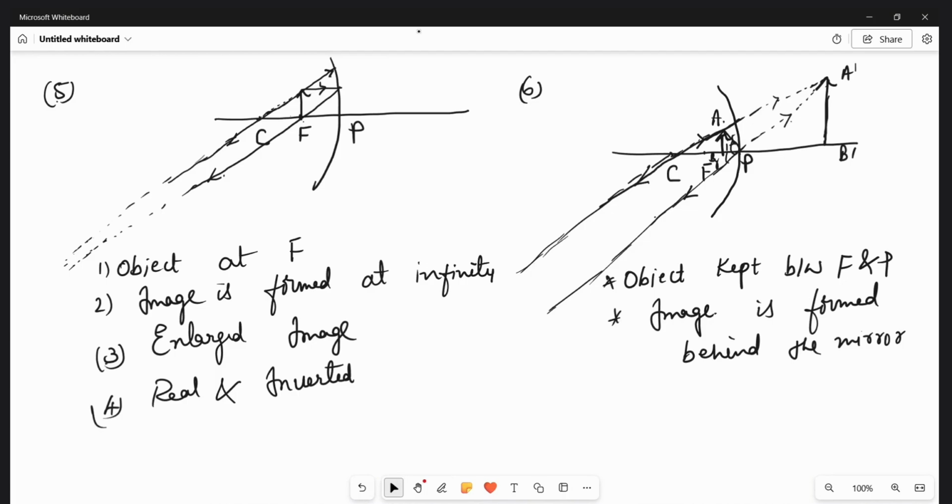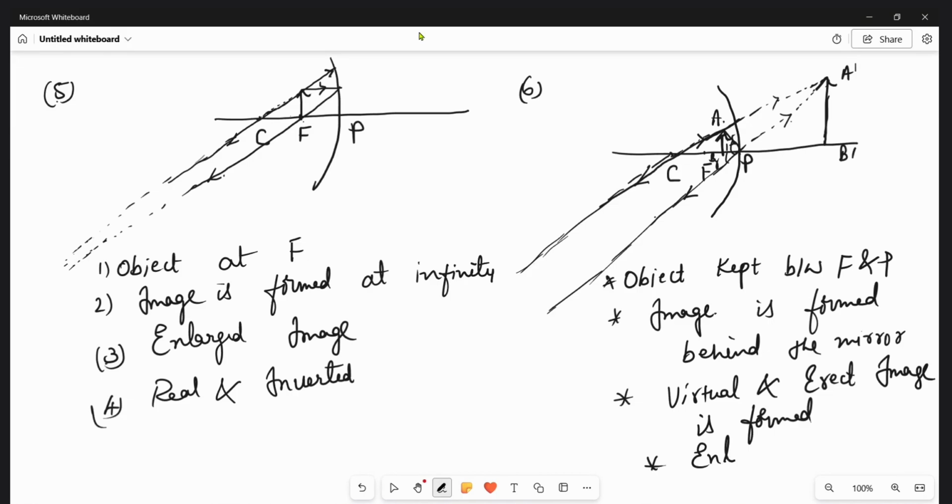Similarly, here also a virtual image. And whenever it is virtual, it is always erect. So a virtual and erect image is formed, and it is an enlarged image. This side the rays will never meet in this case.